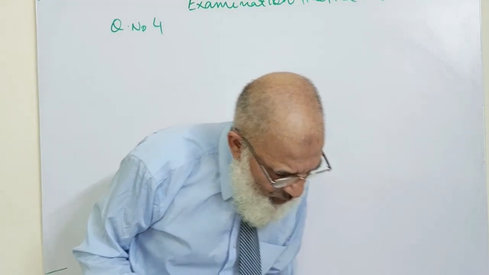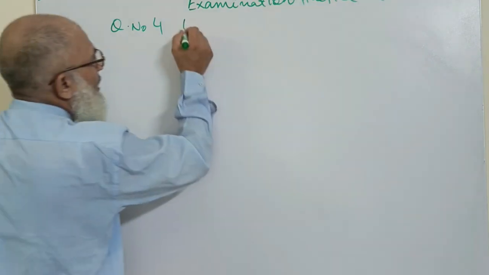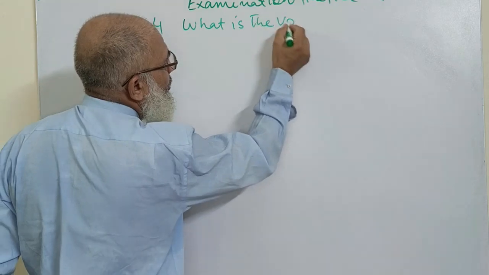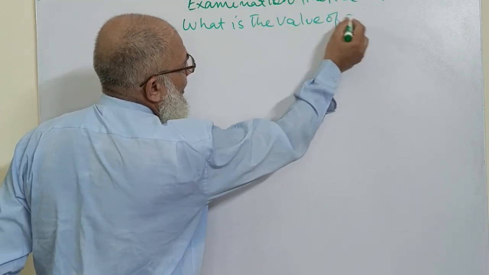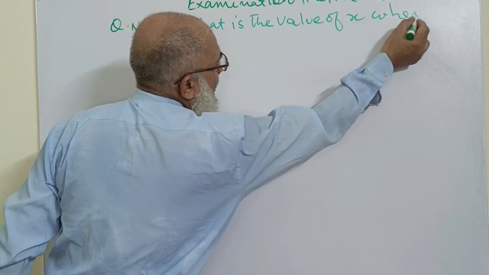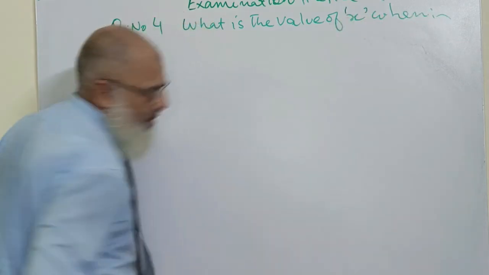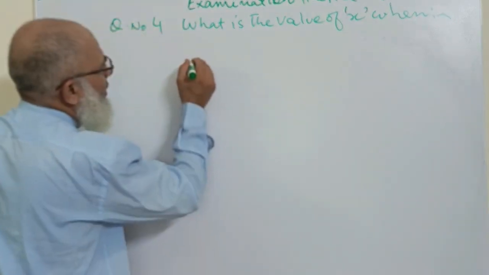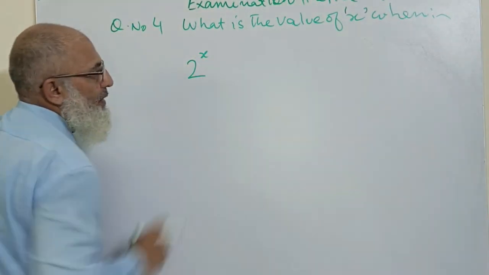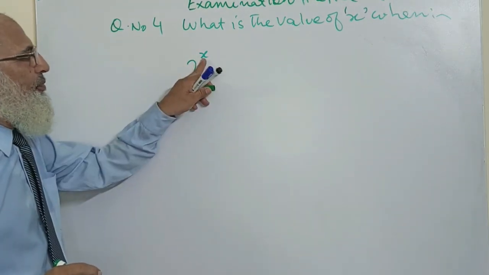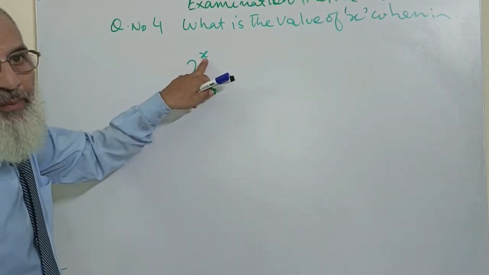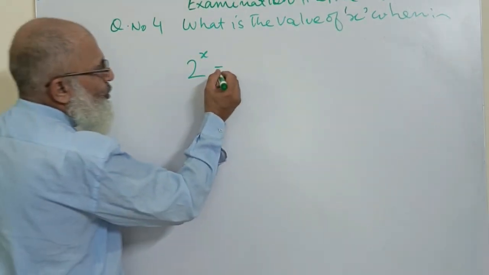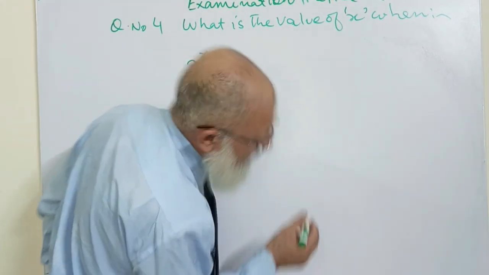What is the value of x when 2 to the power x, now you see, instead of a numerical power, it is a variable power, or a variable index over here, is equal to 2, what is it equal to? 32.